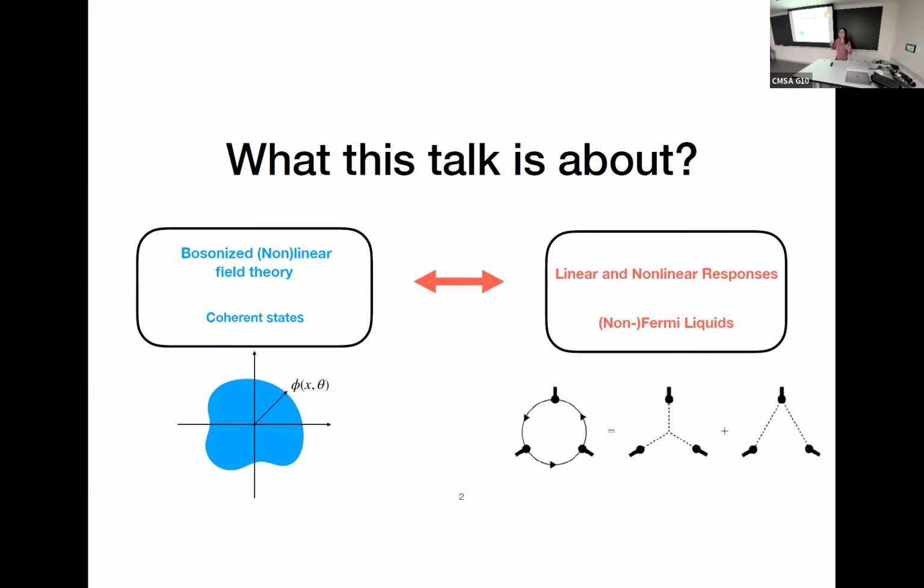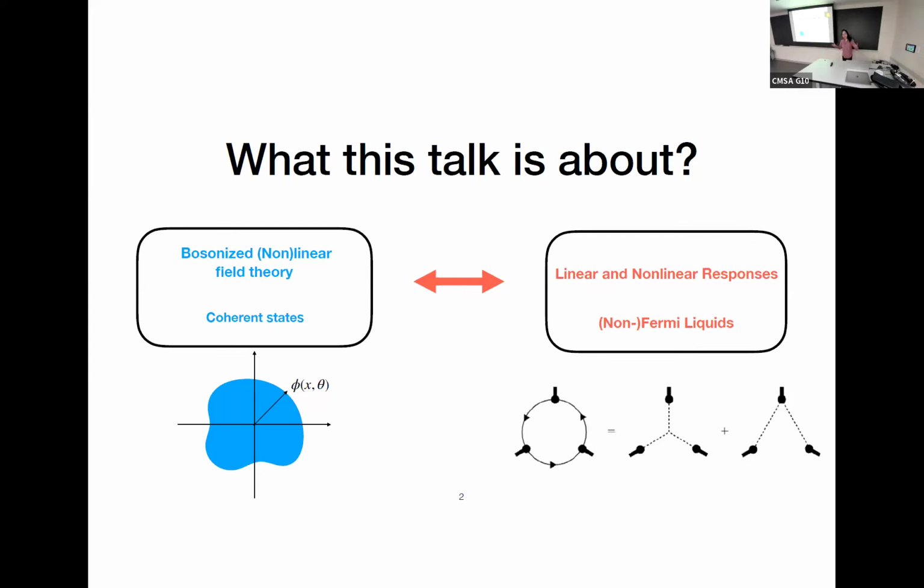So this gives us a motivation to write down the bosonized nonlinear field theory. There are many approaches to writing this effective field theory, but one thing I want to emphasize today is the so-called coherent state path integral formalism.